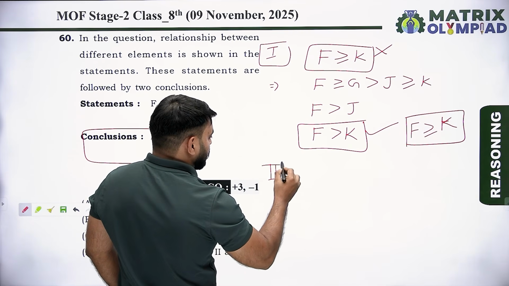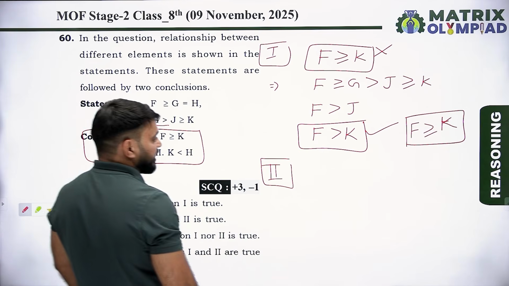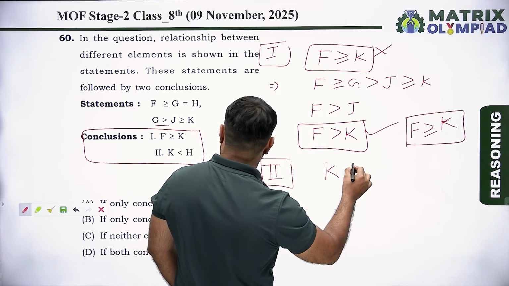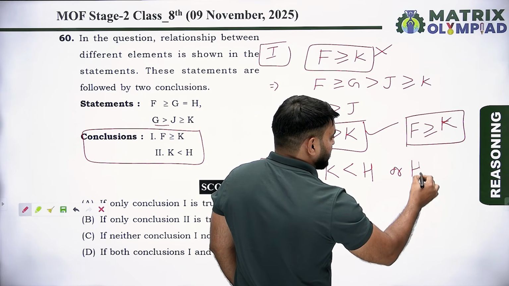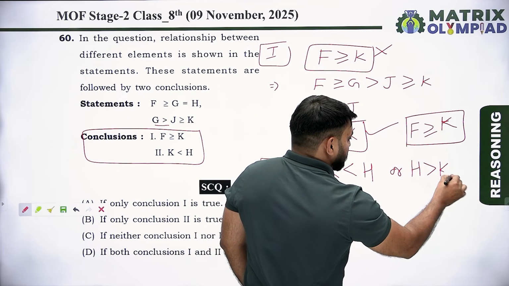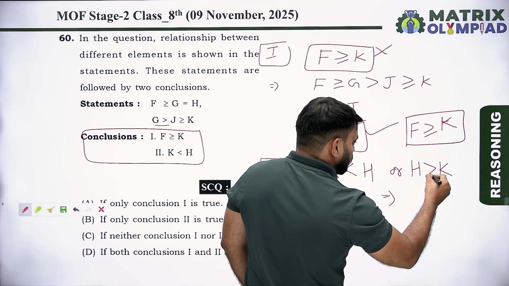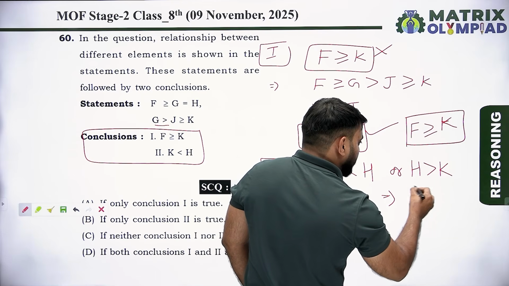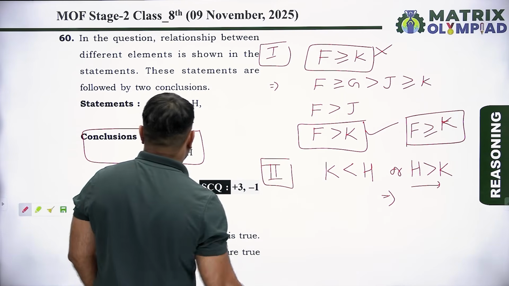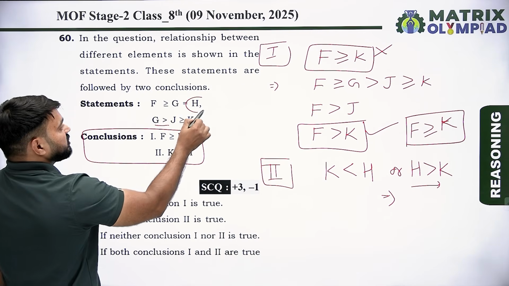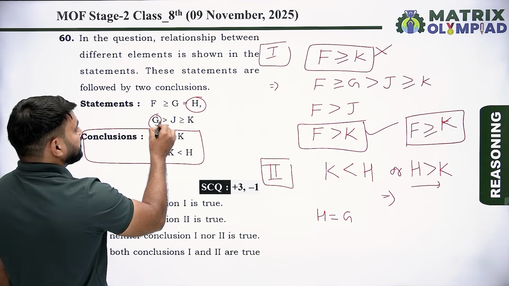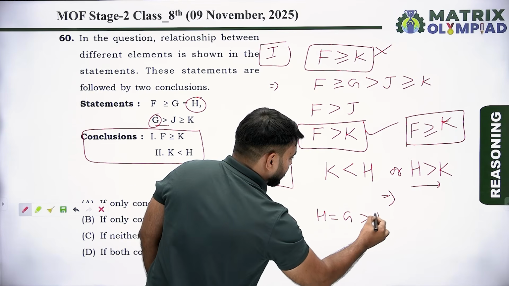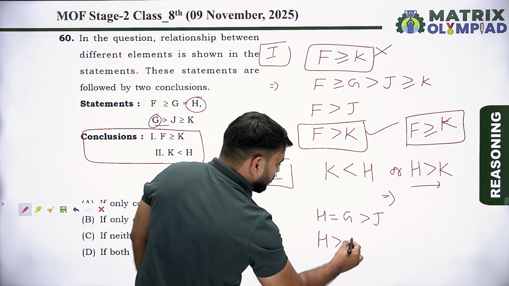Now taking conclusion second. So conclusion second, it means k less than 2h. So otherwise you can say h is greater than 2k. So we have to move from h to k. So h is equal to g. Now g is greater than 2g. So it means h is greater than 2g.